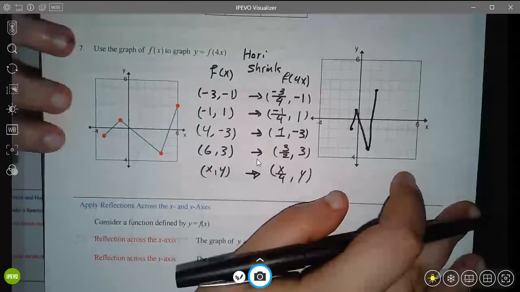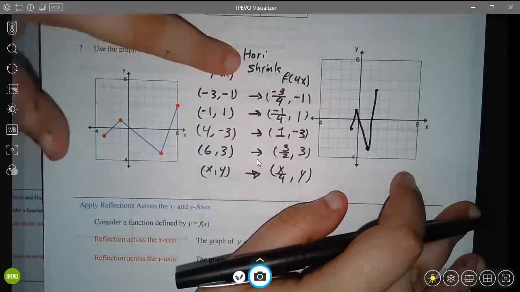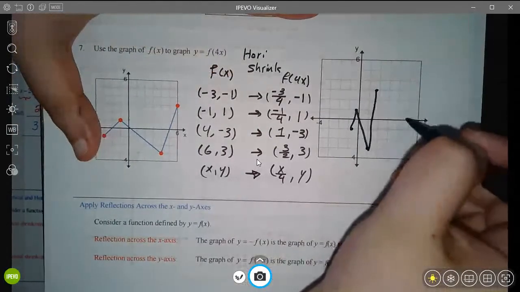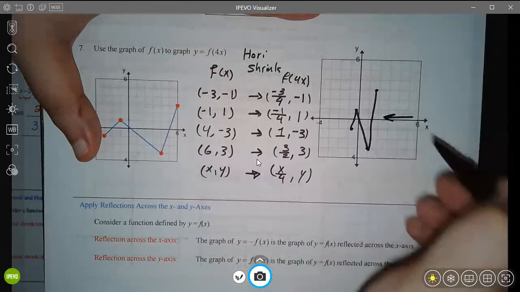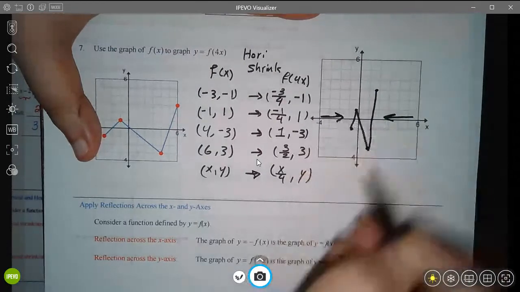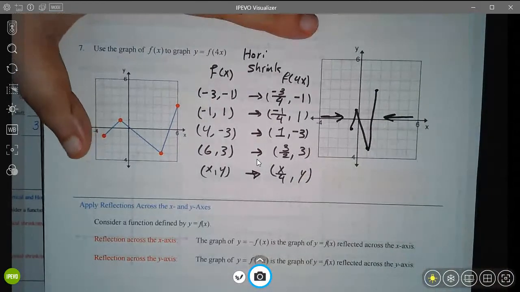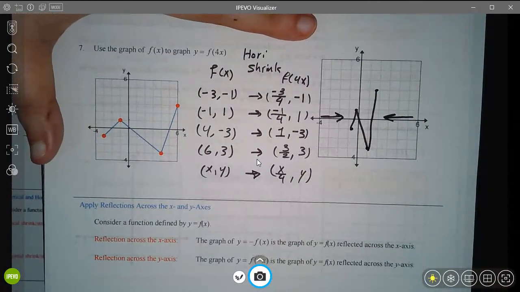And that's your function multiplied by 4. It horizontally shrunk. It looks more taut, but what happened really is that it shrunk horizontally. You see that?